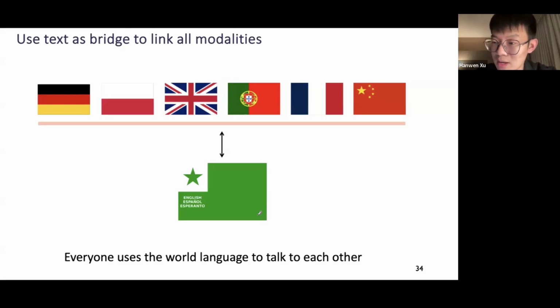But if there is a world language, and people in different countries talk using the same language, then the traveler does not need to learn every kind of language. He only needs to translate his language into the world language, and that world language will be the bridge to connect all the languages in the world.